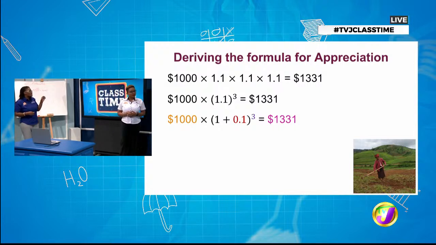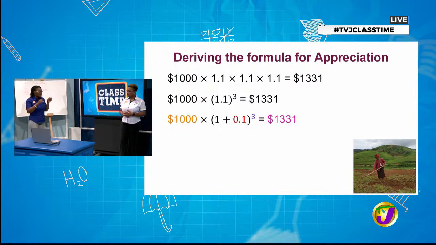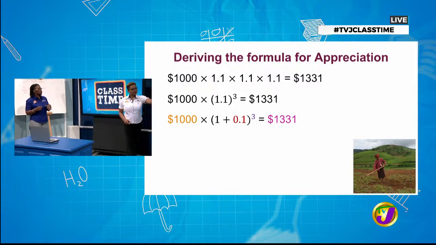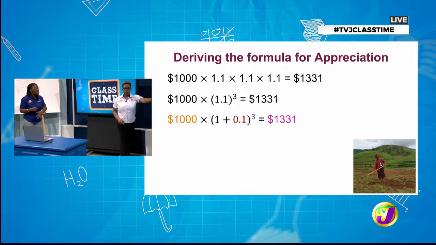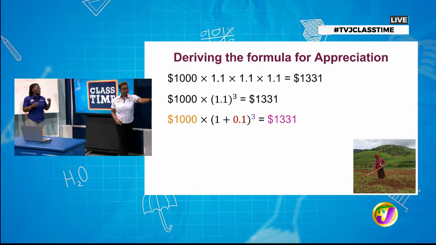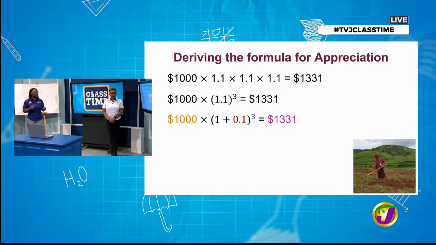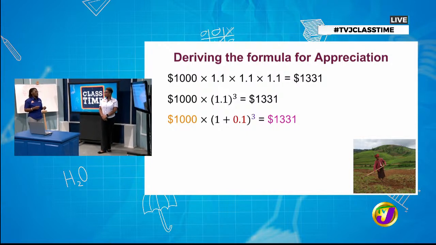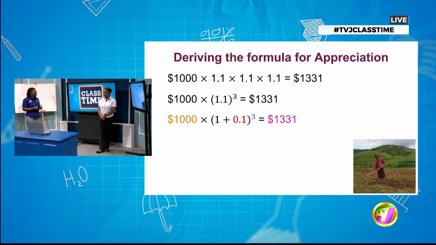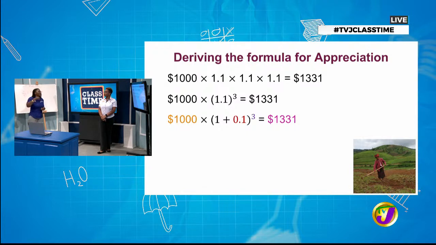Yes, I'm seeing that it's $1,331. Good. But I want to point out something, Latoya, in that third line on screen where we have that 1 being added to the 0.1. I just want our students to remember that when we talk about appreciation, the value that you start with is representative of 100%, or 1. And so that's always there, because it is this that we're going to be adding on to.